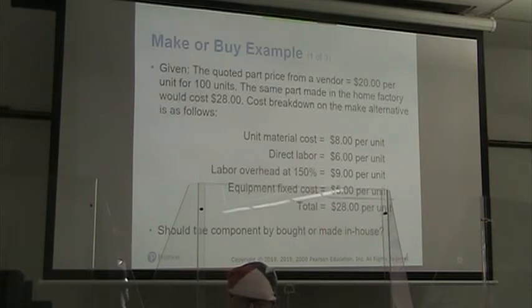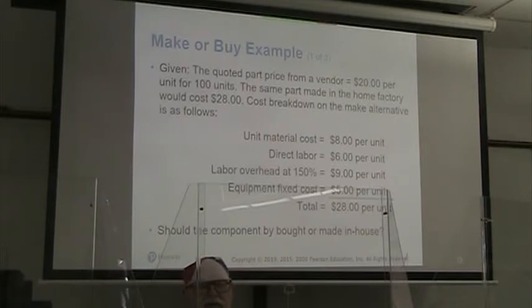So the cost breakdown on our make alternative: unit material cost, $8 per unit; direct labor is $6 per unit; our labor overhead at 150% is $9 per unit; equipment fixed cost is $5 per unit, for a total of $28 per unit.